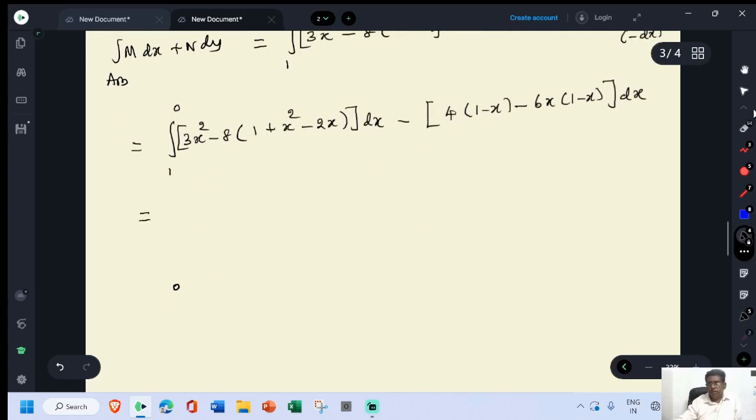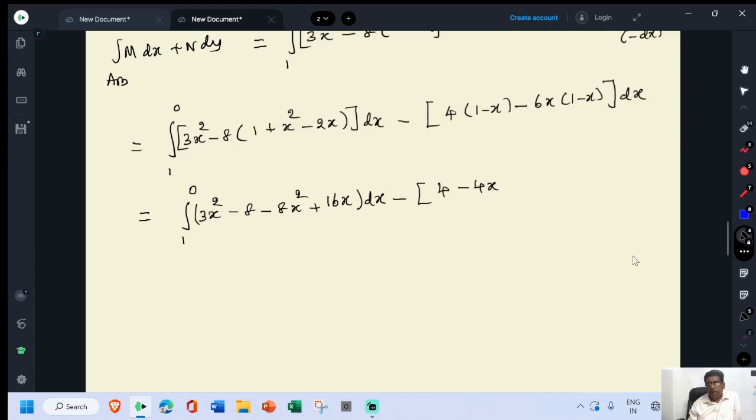This is equal to 1 to 0 of 3x square minus 8 minus 8x square plus 16x dx, minus 4 minus 4x minus 6x plus 6x square, multiplied by dx.